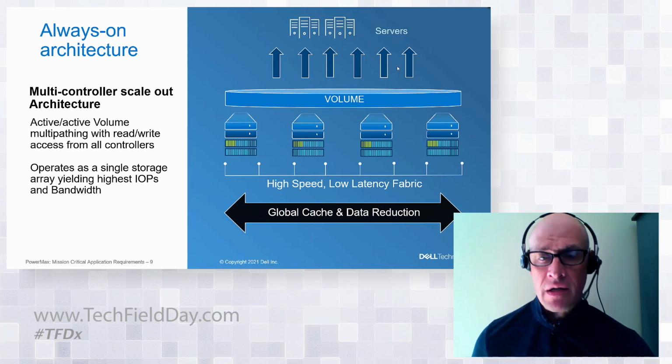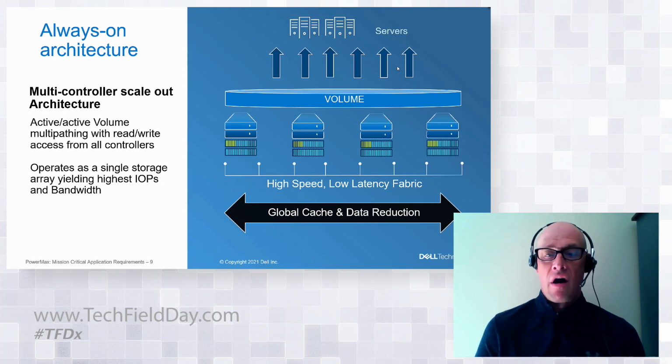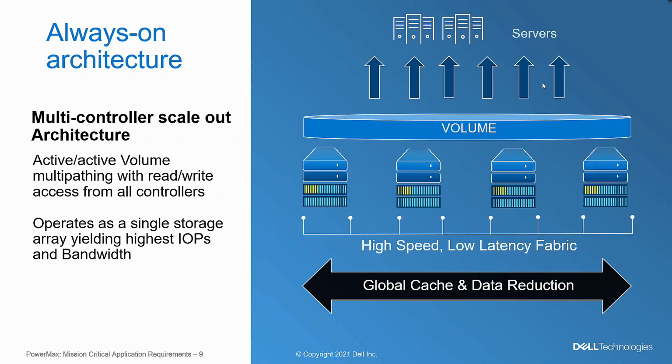The picture on the right does a pretty good job of depicting what we think a multi-controller scale-out architecture looks like. And the key components here are the high-speed, low-latency fabric and global cache that is accessible from all controllers that make up the system. This allows us to have a volume be accessible across all controllers with read-write access in a truly active solution scenario.